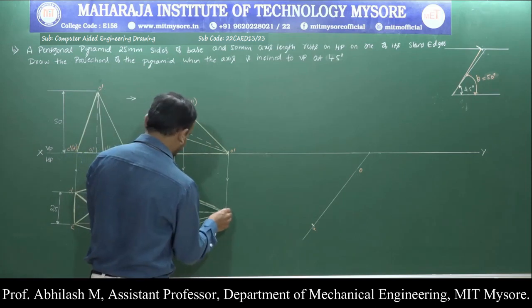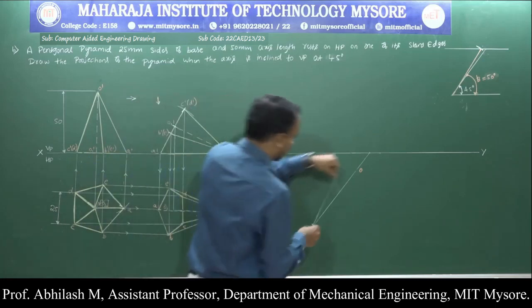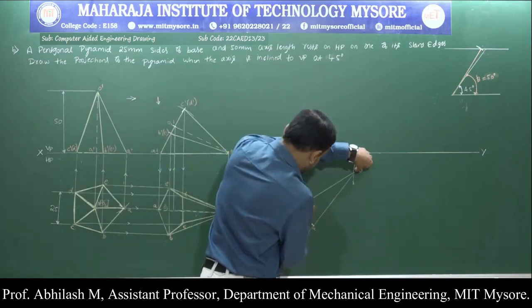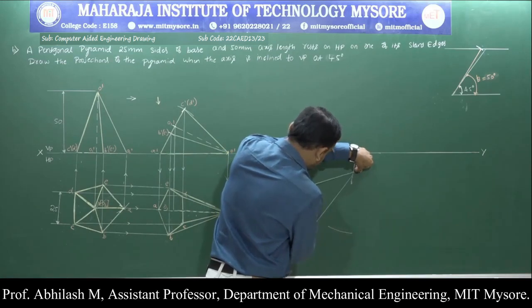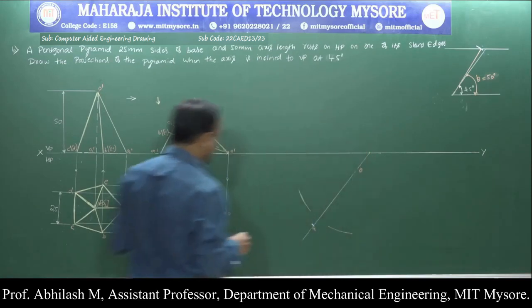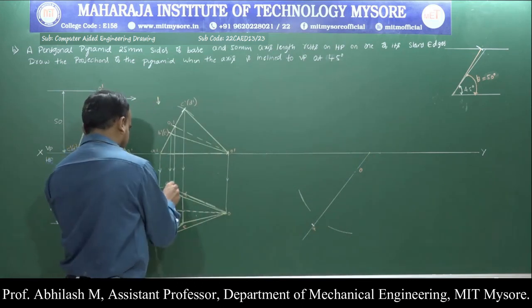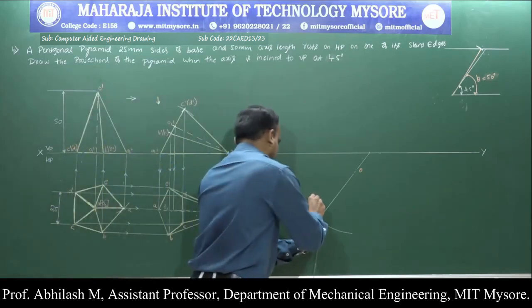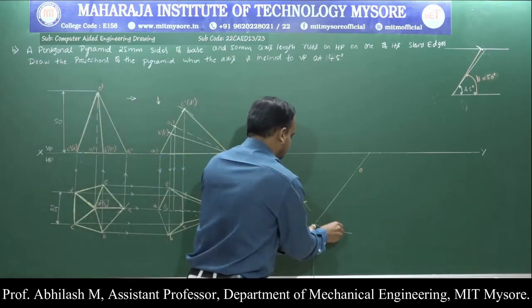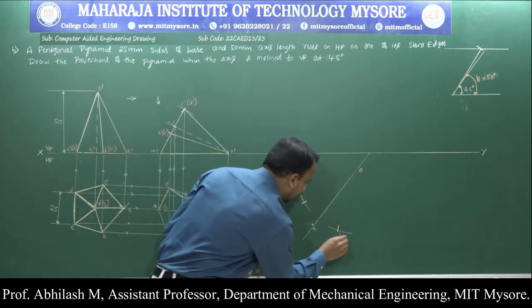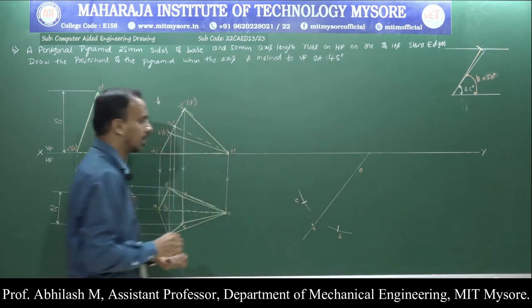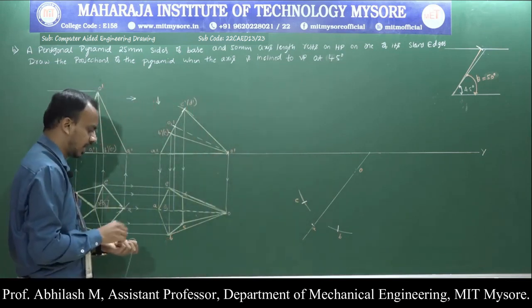I start transferring the points O to A and O to B, and measure from A to E, complete the point E, and similarly from here. So now I have successfully transferred the points B and E.